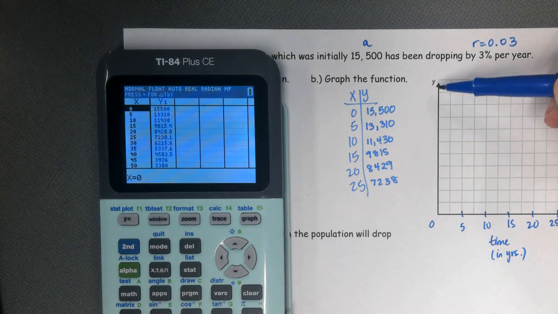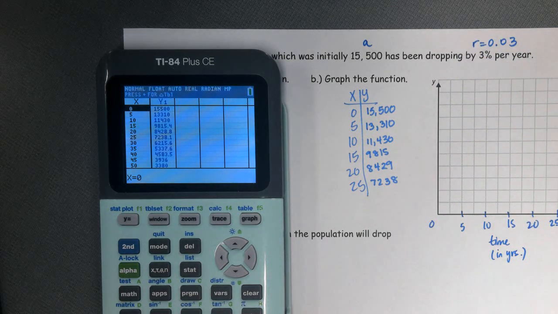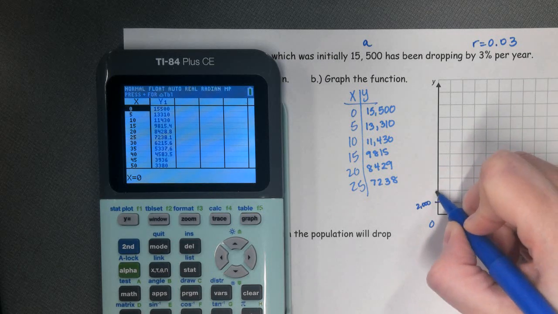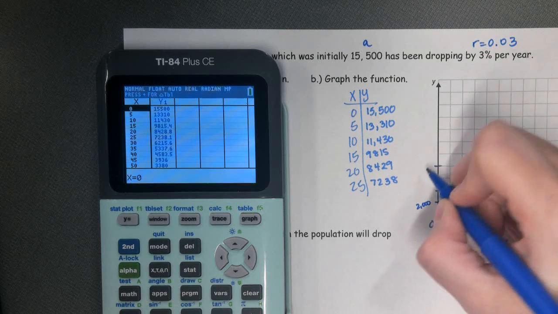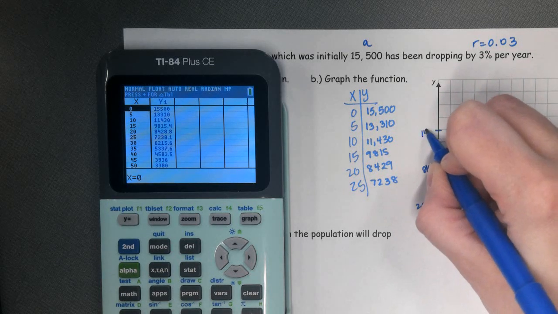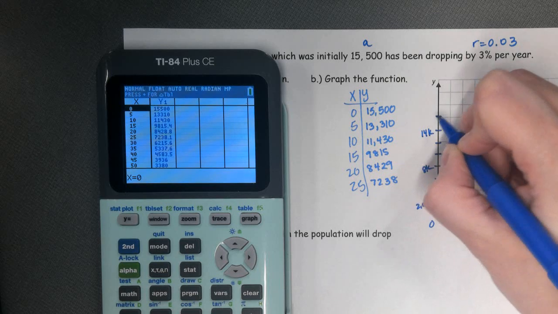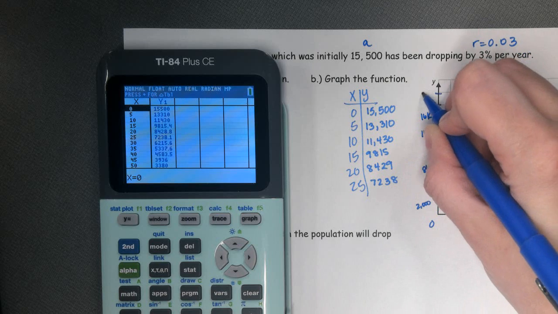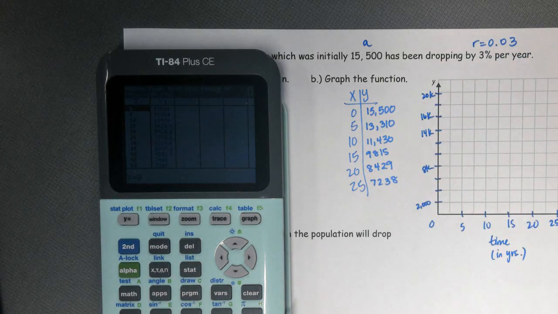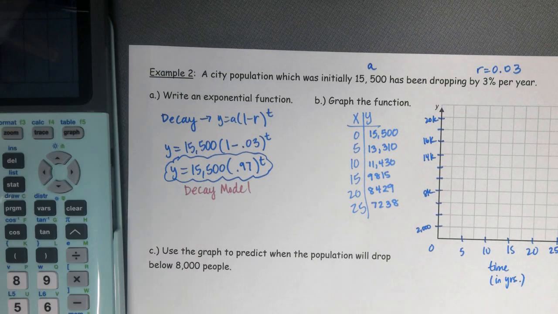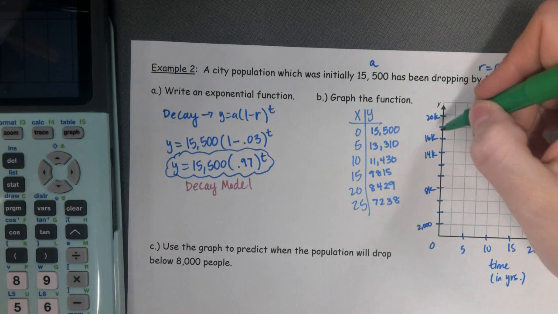If I went by 1s, I wouldn't be able to get up there, so I'm going to go by 2s again. So 2,000, 4,000, 6,000, 8,000, 10, 12, 14, 16, and I really don't need the ones above there because it is decreasing. Okay, so at 0, I'm at 15,500.